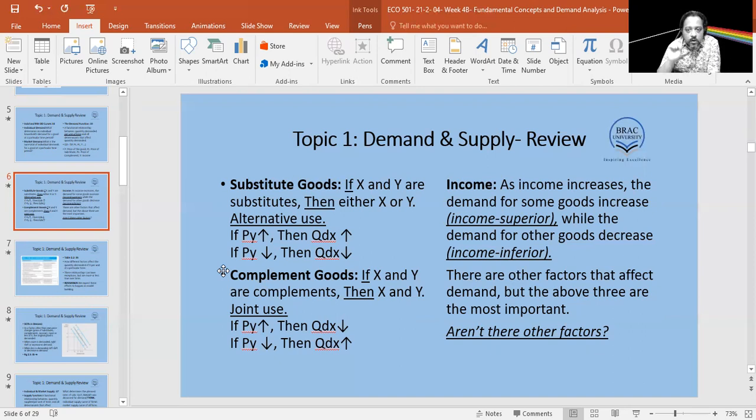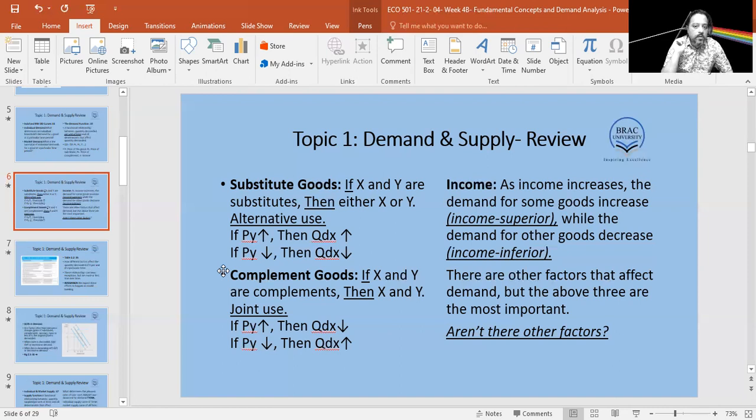This type of influence on demand due to an increase in income is known as income superior goods or normal goods, whichever terminology you use. The text that we're following, McGuigan, uses income superior. At the same time, as our income increases and our demand for high-end mobile phones increases, our demand for low-end mobile phones will fall, if that is our main mobile.